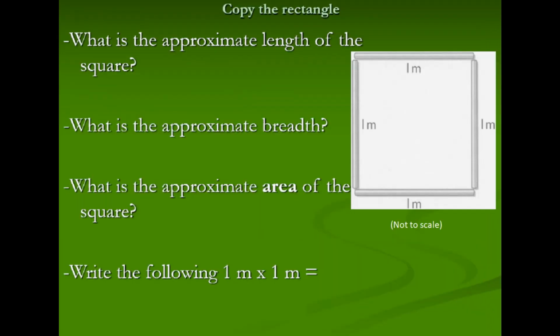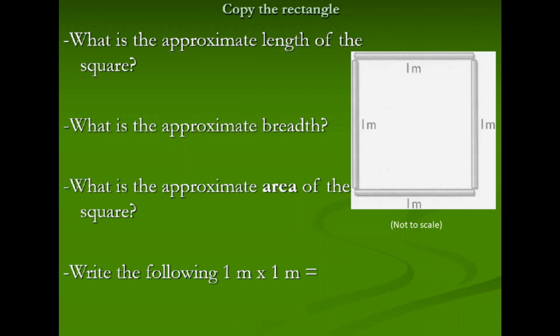And the second bonus activity: the directions say copy the rectangle. This is obviously not to scale, so you don't go and measure this and say that's not 1 meter. It's not. It's just an illustration to do the activity. The directions are, what is the approximate length of the square?